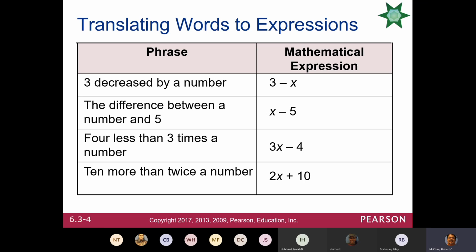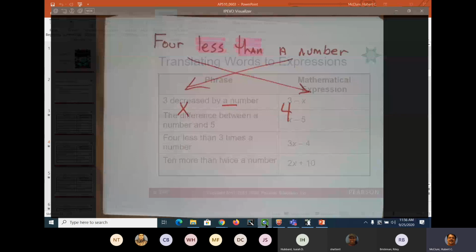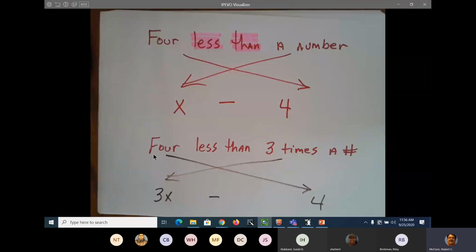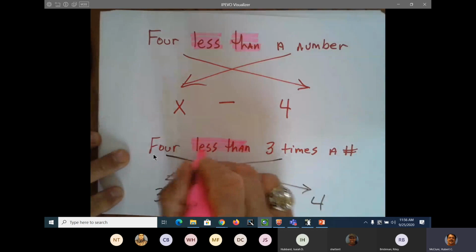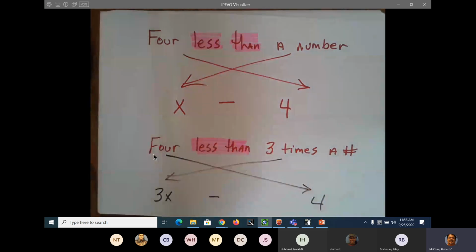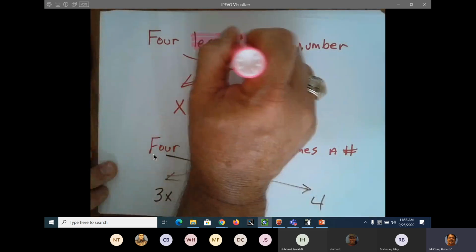You deal with it. All right, so 3 times x less than 4. Okay, and here you go. There it is, crisscross. Whenever you see the words less than, when it's not an inequality, and we're not dealing with inequalities right now, we're just dealing with equations, you better remember to crisscross.